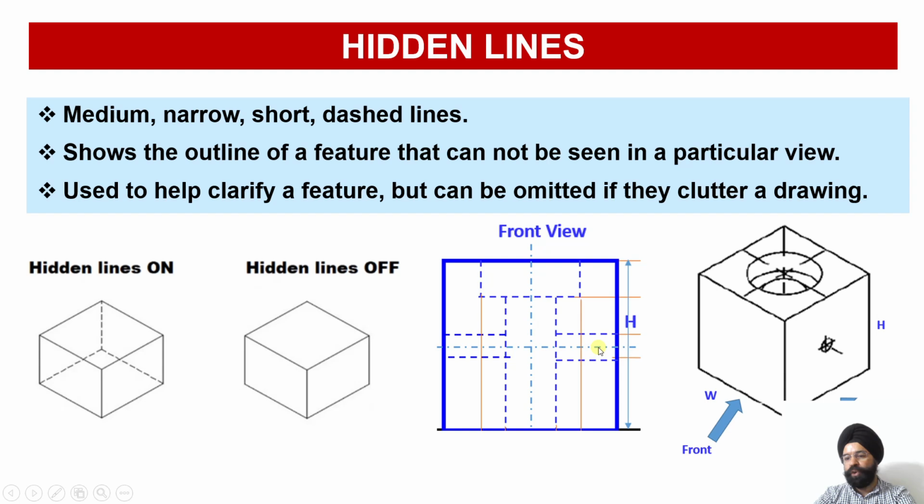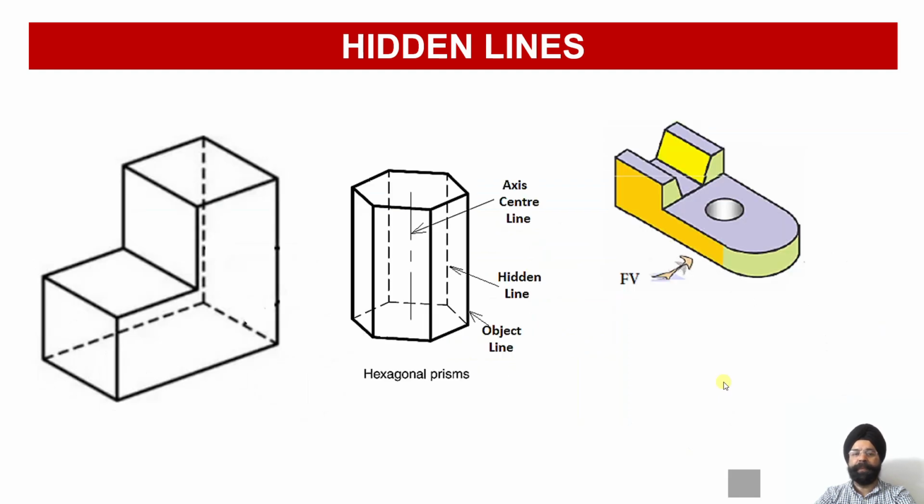From here another screw will be located and tightened. Again, since this is a through hole, I will show this as a dotted line. So these are the examples of hidden lines or dotted lines, and mind you, we have to draw all these hidden lines using medium thickness, that is again using the HB pencil.